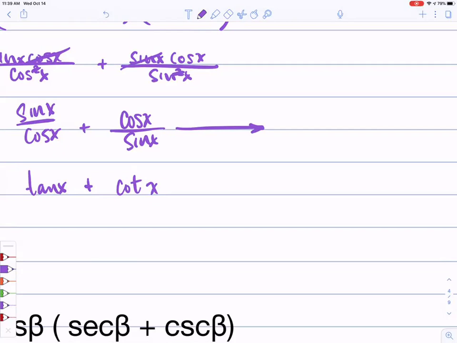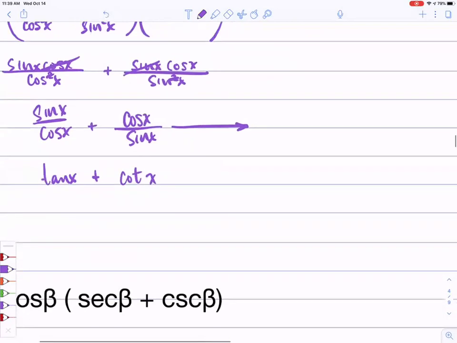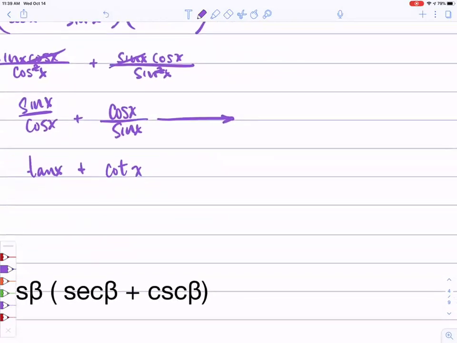Okay, now I'm going to skip a step. Normally, I don't skip steps, but since I'm just showing something for the fun of it, I'm going to skip a step. If I were to get a common denominator, I would end up with sine squared plus cosine squared over sine cosine. All right, do you agree that my common denominator would be sine times cosine? Right, and what is on top, sine squared plus cosine squared?